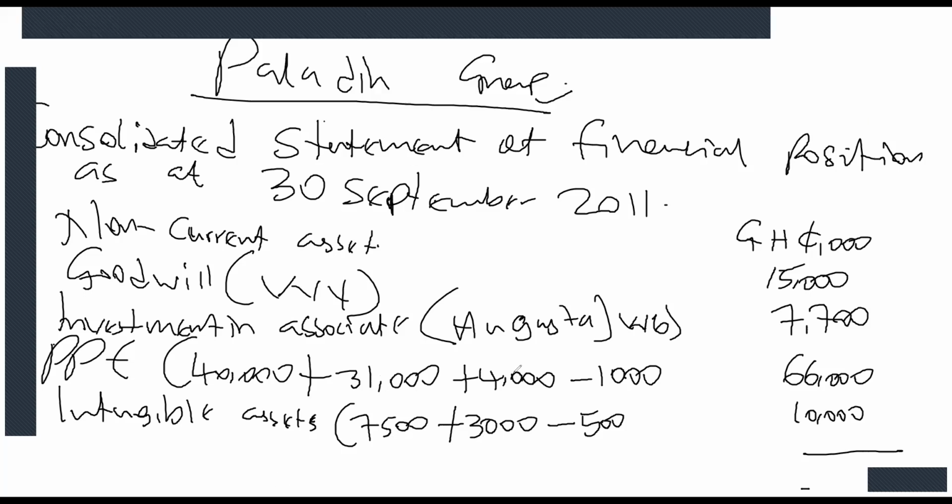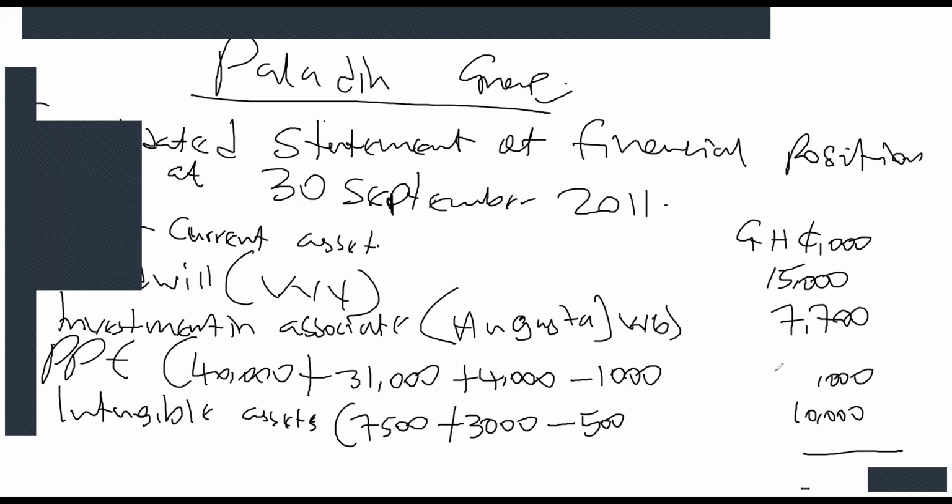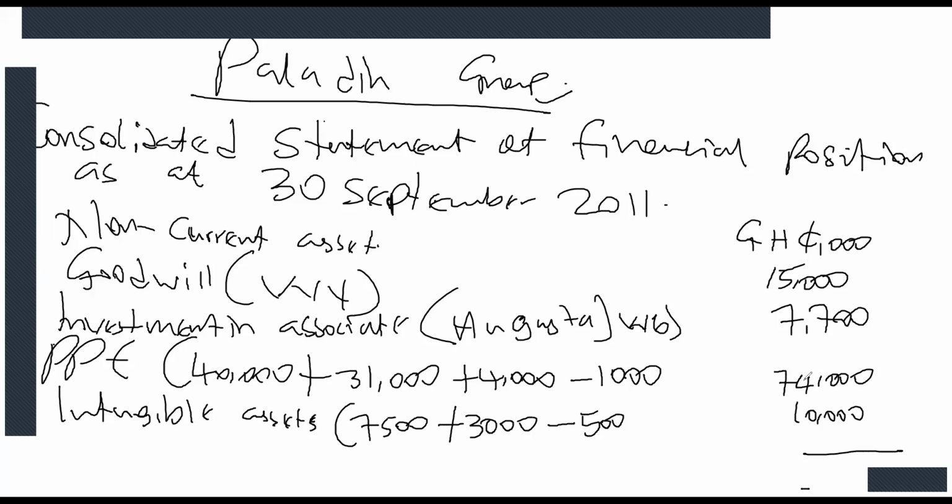Please, the PP is supposed to be 74,000. Okay, so 74,000. I agree.